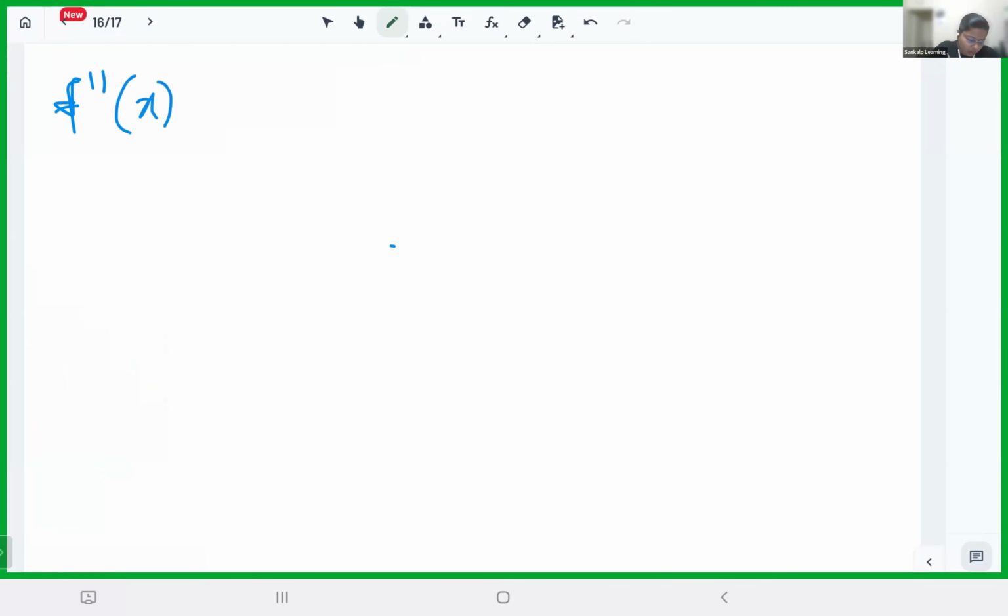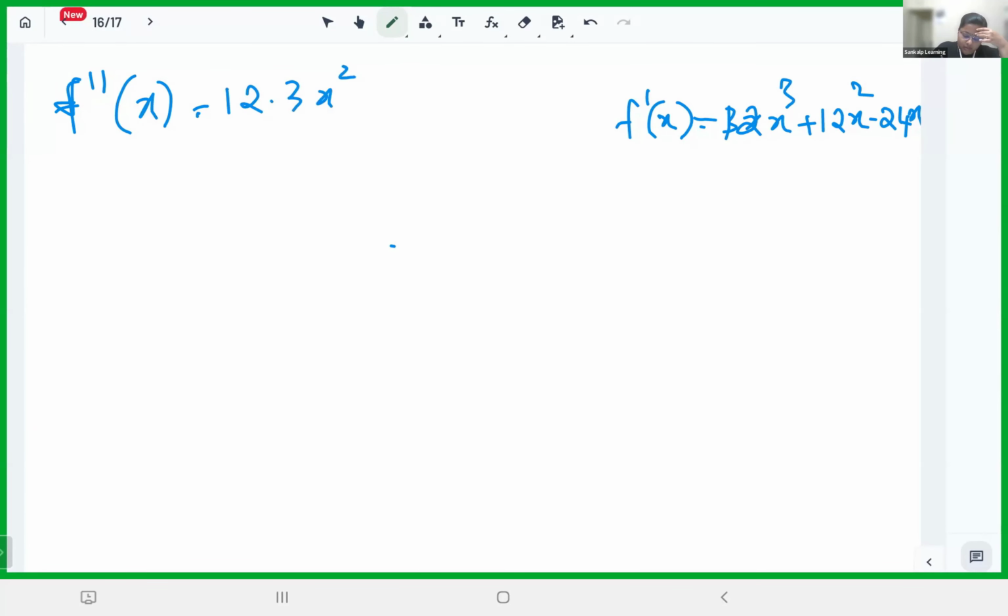f double dash of x is equal to... our function f dash of x was 12x power 3 plus 12x power 2 minus 24x. Again, you differentiate this function. So what will be the result? 12 into 3x square plus 12 into 2x minus 24.